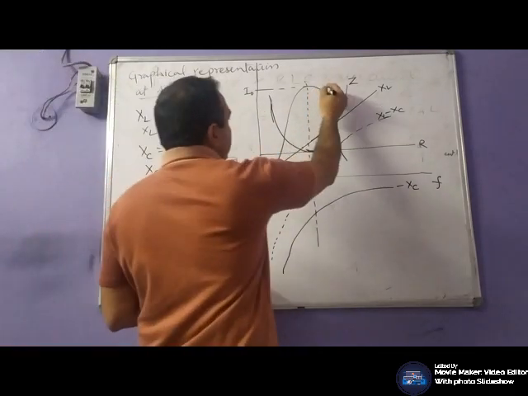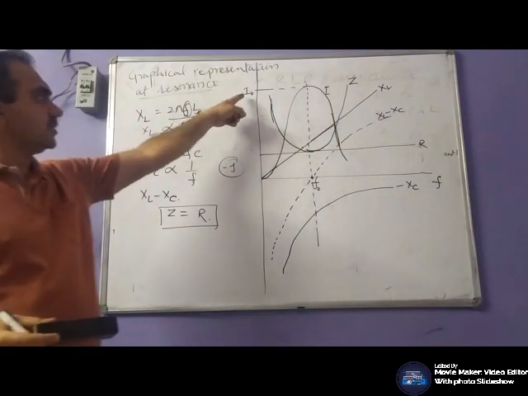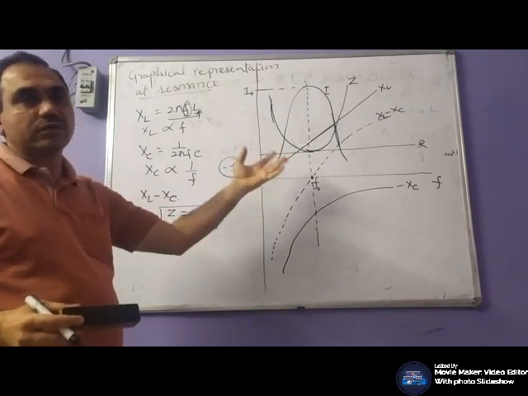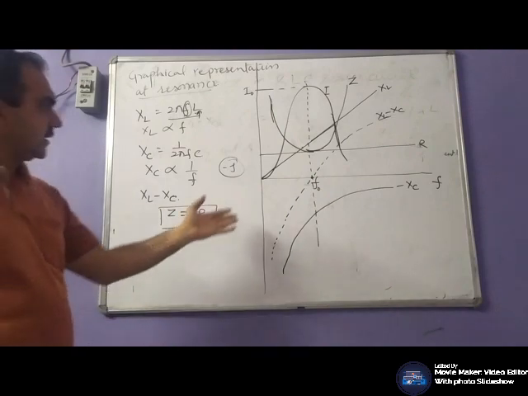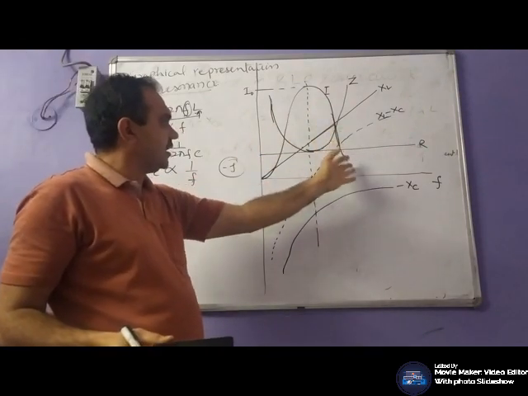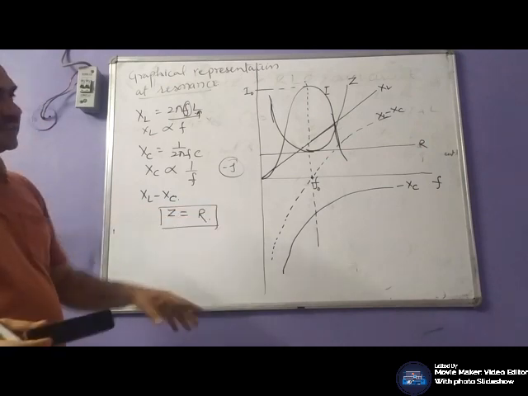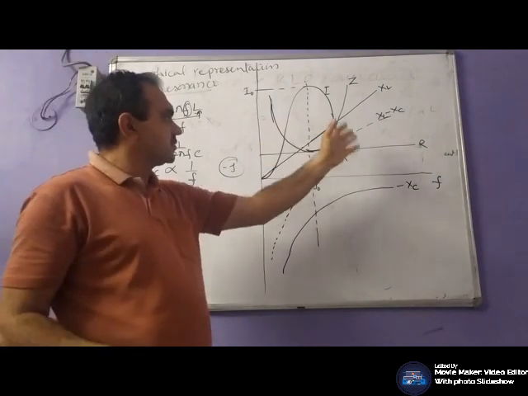This is for current, and current would be maximum at I naught. Initially current would be 0, because your inductor would behave like an open circuit, and thereafter rises to maximum value, and when XC starts greater, your power factor would be leading, hence it will start decaying.